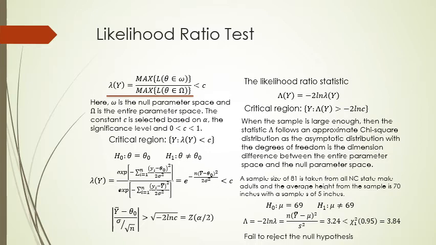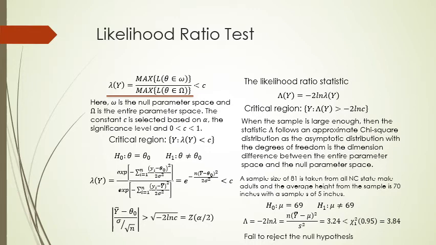The constant C is selected based on the significance level alpha, and it is between 0 and 1. The critical region is lambda less than C, and if the ratio is in the region, then we reject the null hypothesis. For example, we may test if the population mean is some value with a known population variance sigma square.